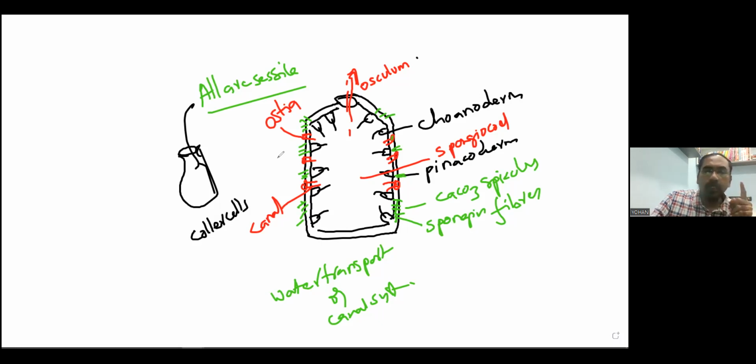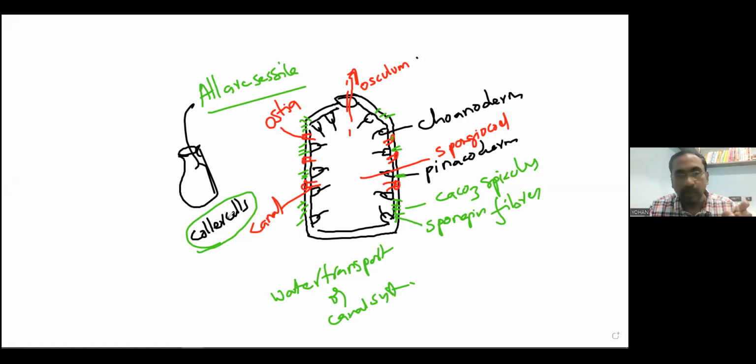And what are the cells that line the spongiocele and canals? Choanocytes, also called collar cells. The spongiocele is lined by flagellated cells called collar cells. Their flagellary beating sets the water currents.